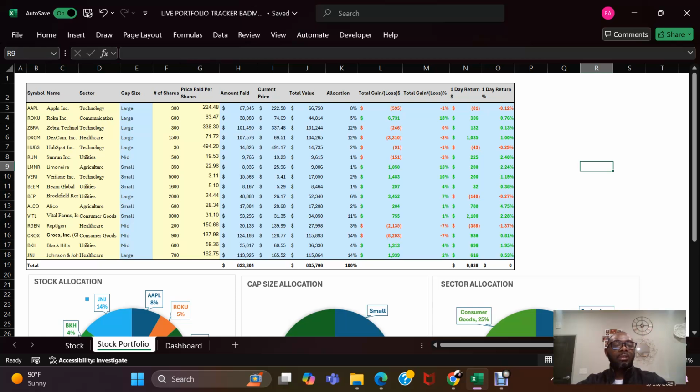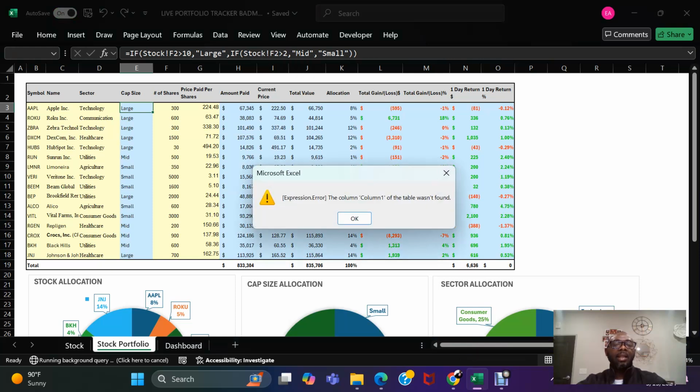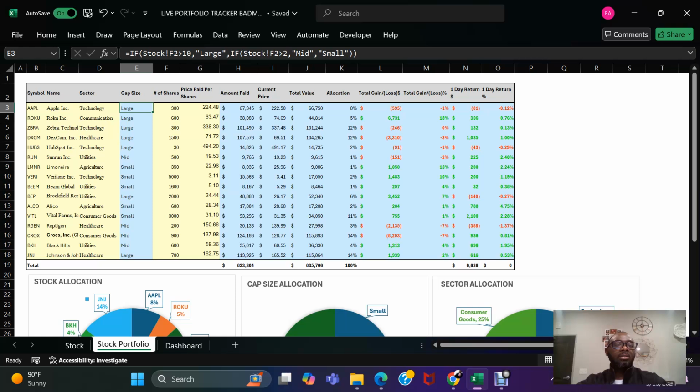My cap size was calculated by saying that any of these stocks greater than 10 billion is considered large cap. Anyone greater than 2 billion is considered mid cap, and anyone lesser than 2 billion is considered small. And this is the formula here. That's how I got that.